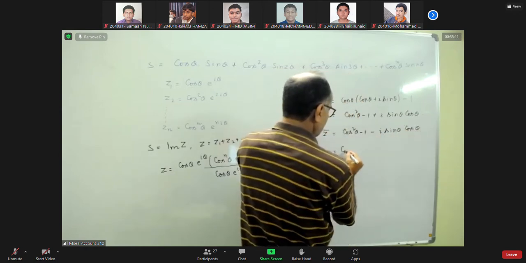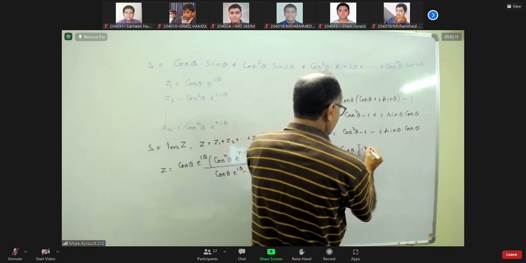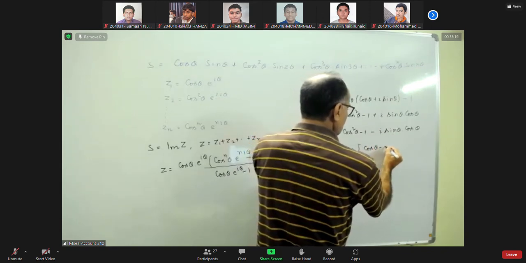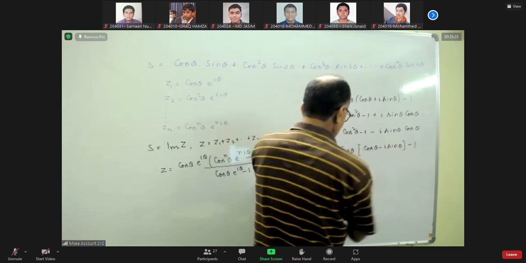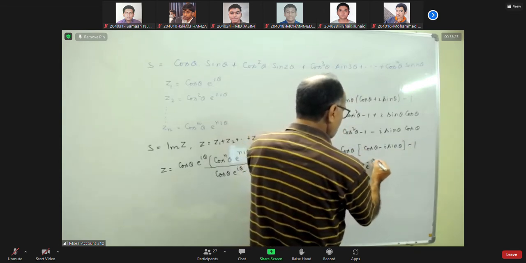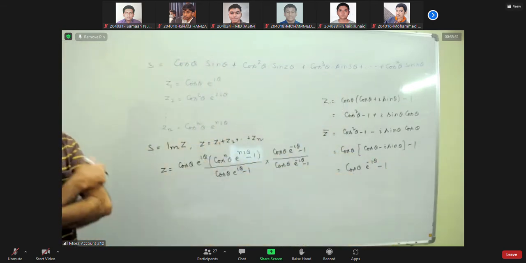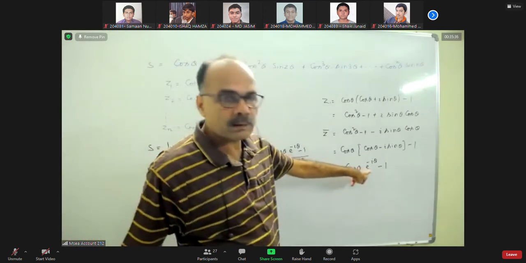Cos theta again outside. Cos theta minus I sin theta minus 1. That is cos theta into e to the power minus I theta, isn't it? This is cos minus theta plus I sin minus theta.